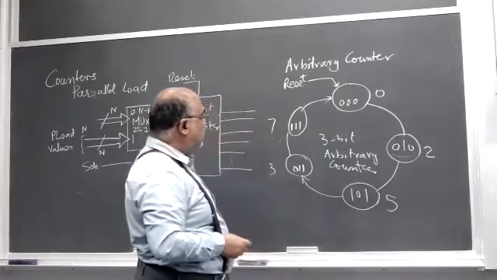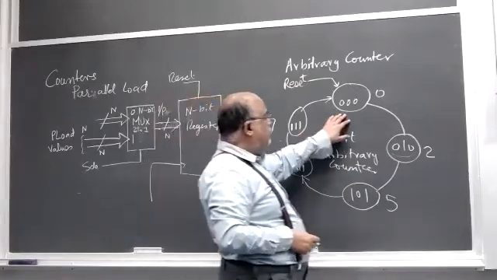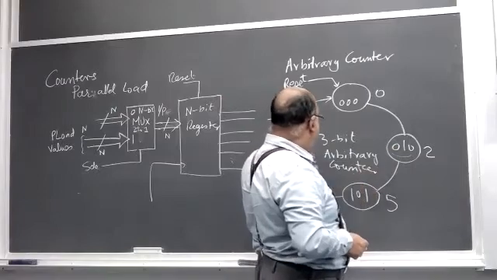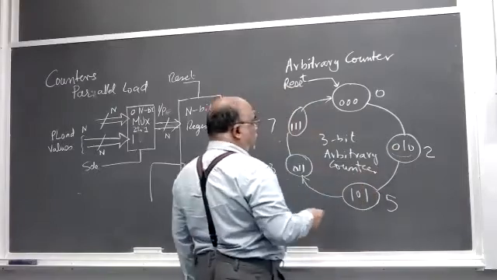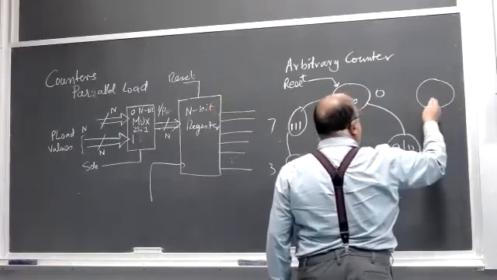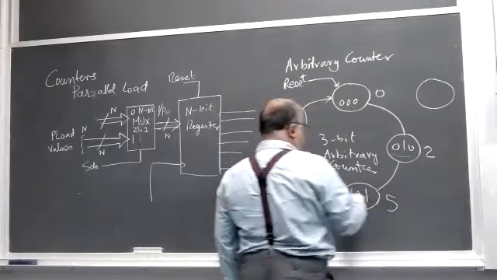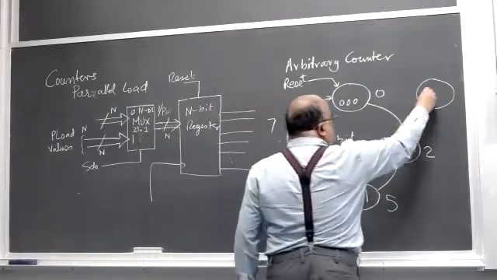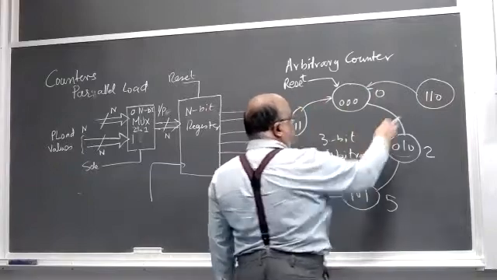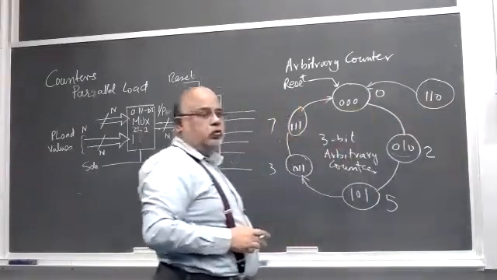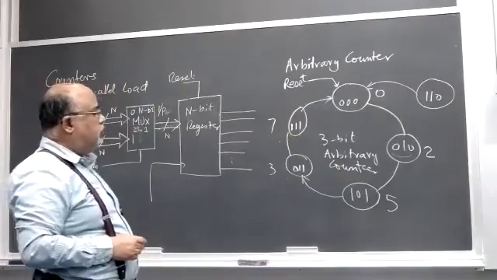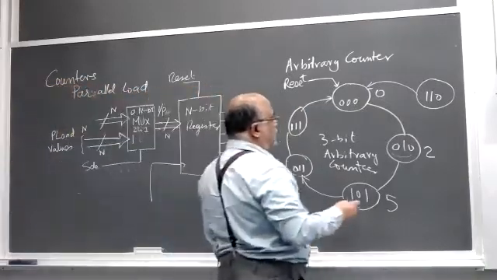It's designed just like that: this is the present state, this is the next state, present, next, present, next. And all the unused values that are not used, like in this case 6 is not used, should usually jump to 0, 0, 0 on the next clock pulse. Any unused value like 0, 0, 1 can also be there.